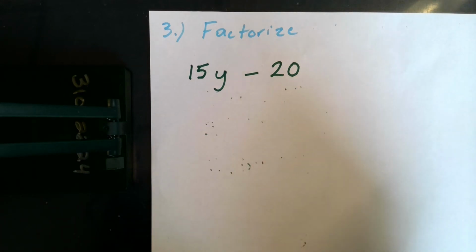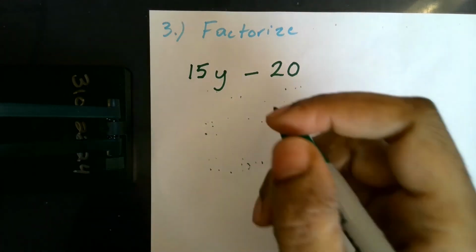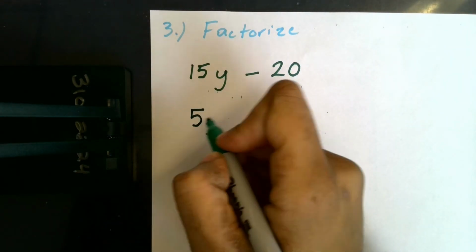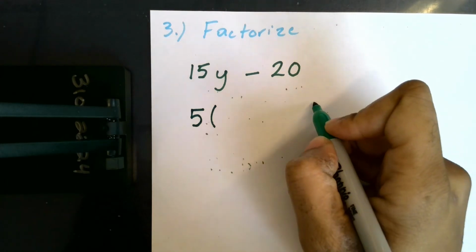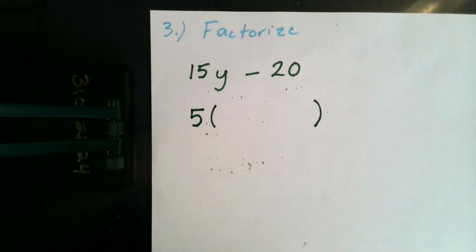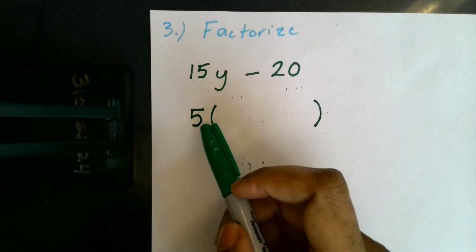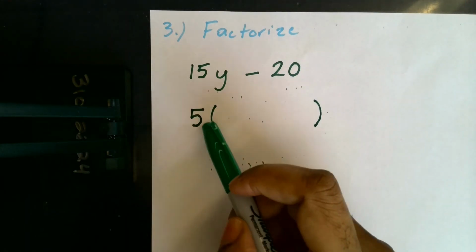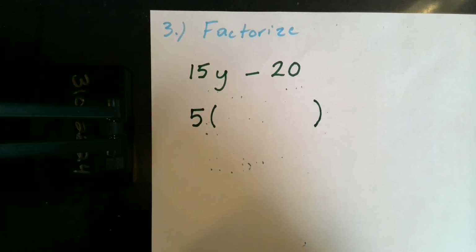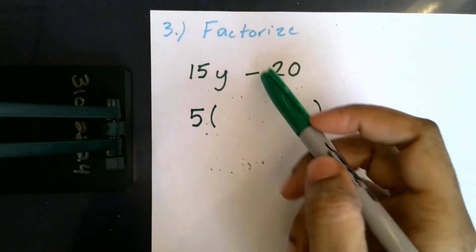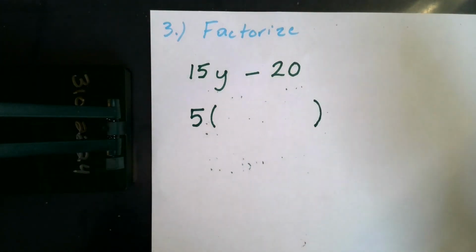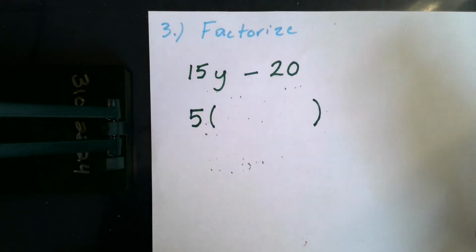So 5 is our GCF. And you should know by now why I cannot write 5y as the GCF. Because y is not common to both terms. What we want to find is the greatest common factor.